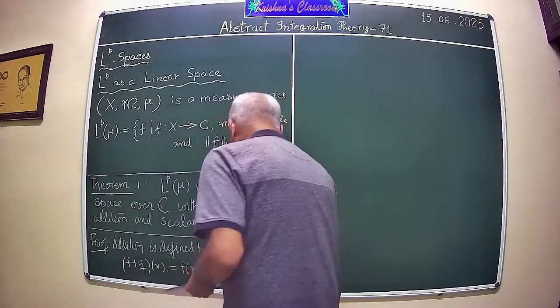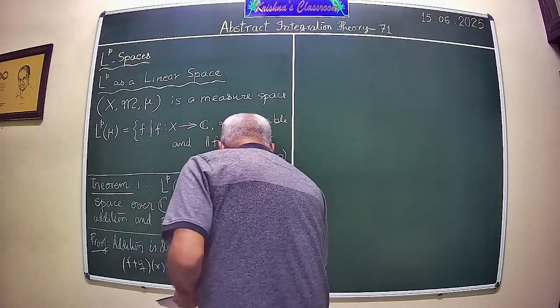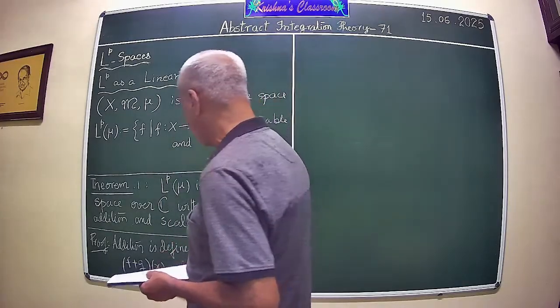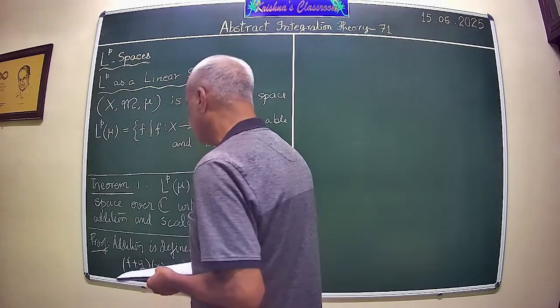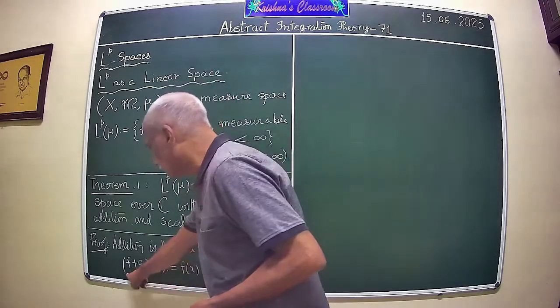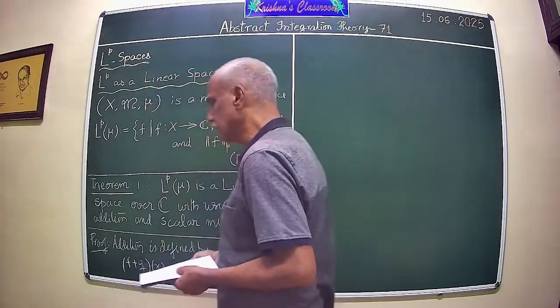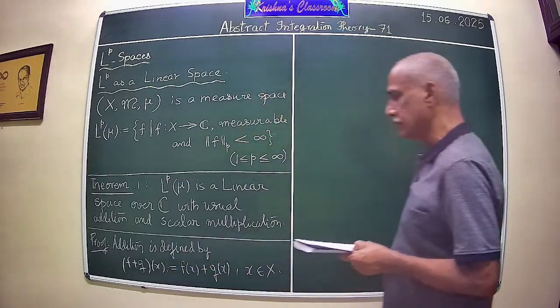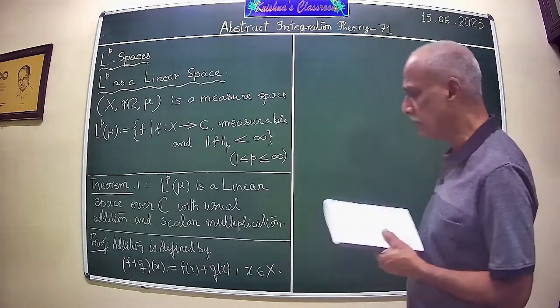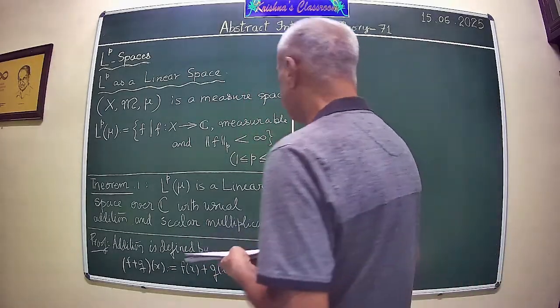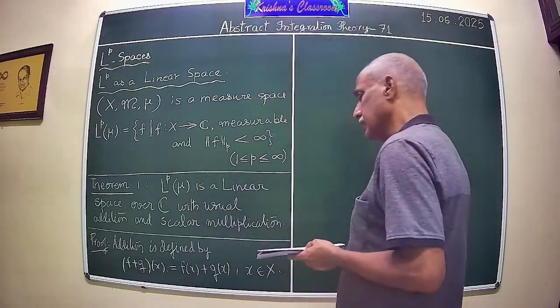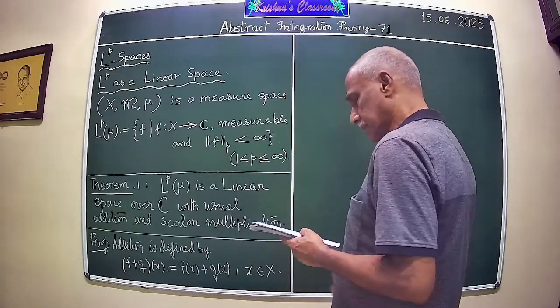This is well defined because these are complex numbers, and the function f plus g is defined by (f plus g) at x equals f of x plus g of x.